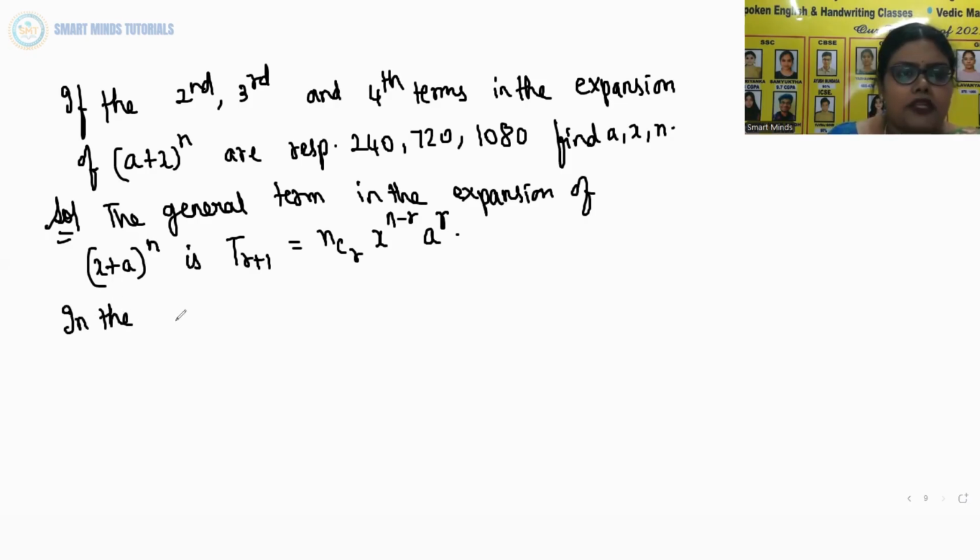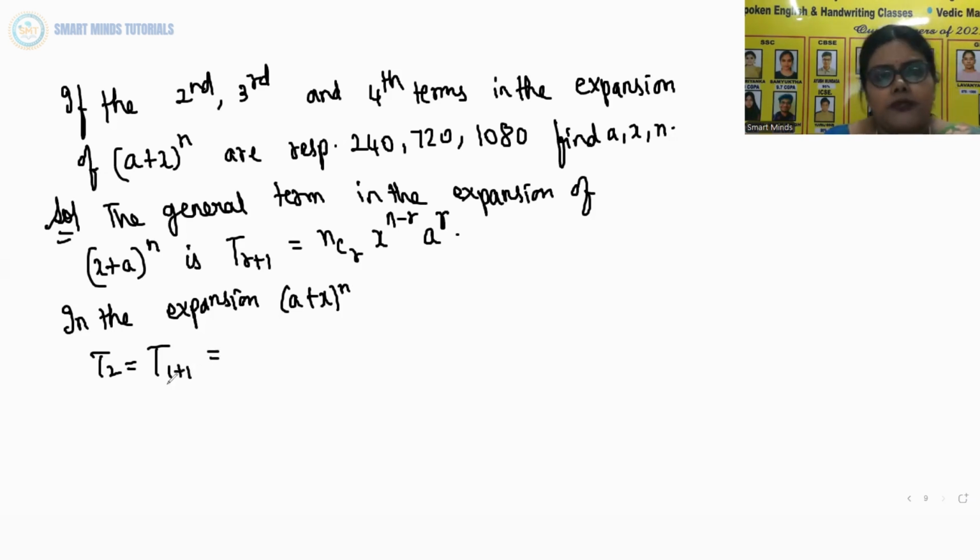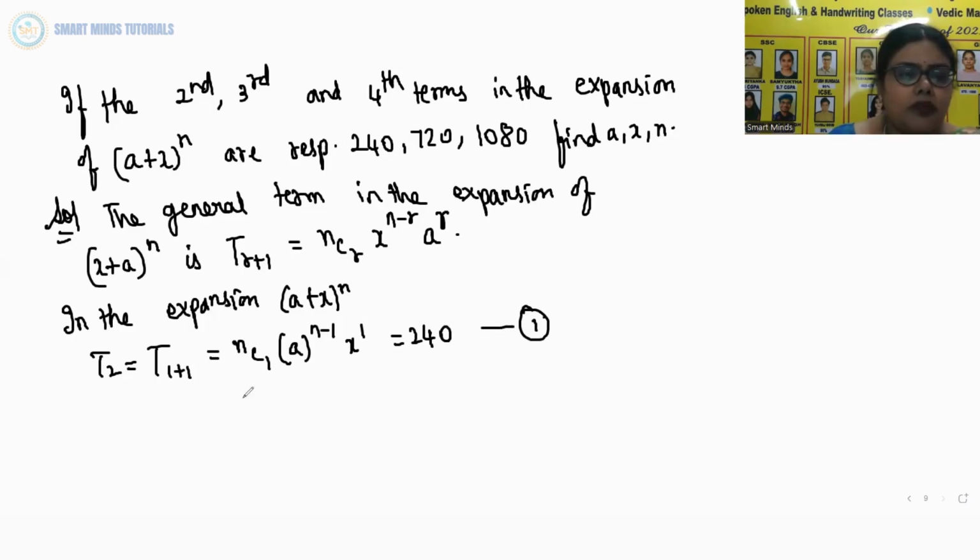So in the expansion of (a + x)^n, T2 is T(1+1), so now we are expressing it in r plus 1 form. That is nC1 a^(n-1) x^1, which is equal to 240. This is equation number 1.